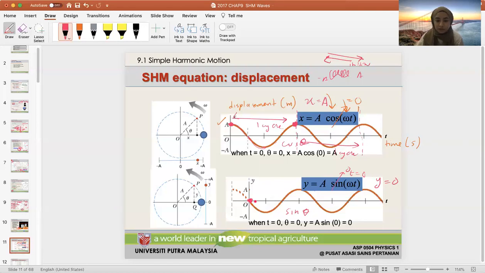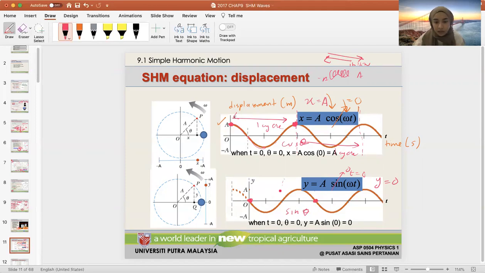So for this one over here, one cycle is when I reach 0 amplitude again. So when do I reach 0 amplitude again? I reach it here. Okay, sorry. There is also one here, but this one is going upwards. How do I say this? How do I say this is one cycle?